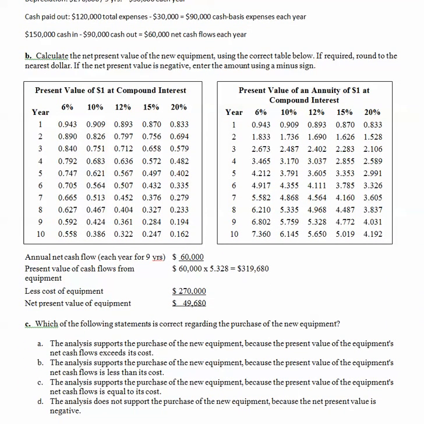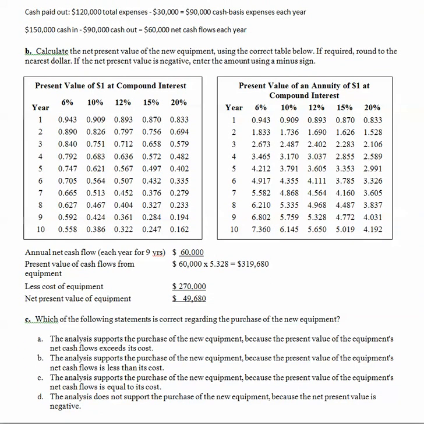So keeping that in mind, let's answer this last question. Which one of these is true? A, the analysis supports the purchase of the new equipment. Now, keep in mind that we're looking at this in isolation. We are not considering that there might be other better investment alternatives out there. Just considering this as maybe the only investment that the company is deciding on right now.